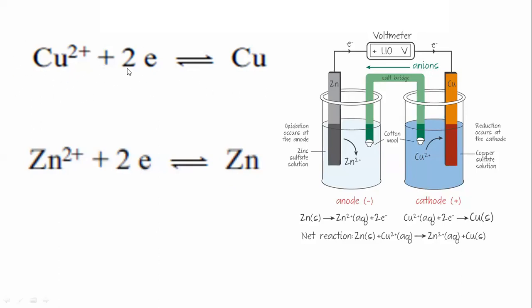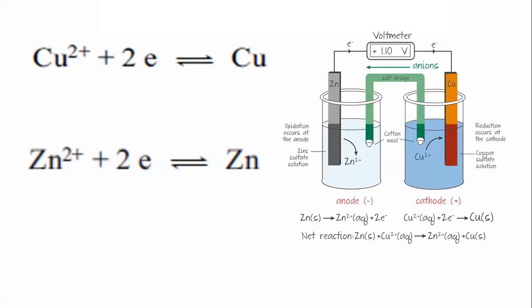These are half cells, not reactions, because it is only copper. Copper is going to reduce to copper metal, having the zero oxidation state. This is the oxidation form, this is the reduction form. In a similar way, this is the oxidation form, and this is the reduction form.